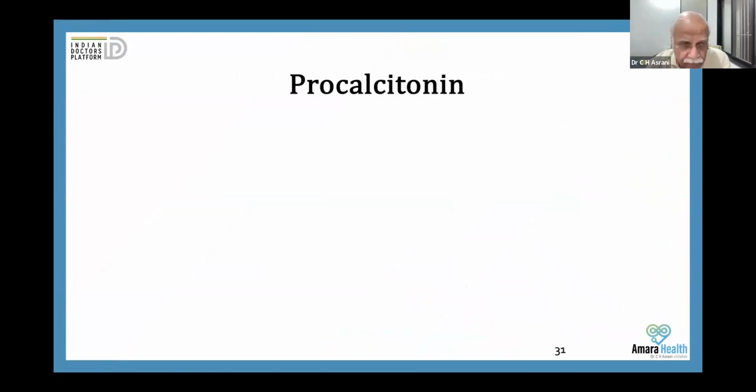Procalcitonin, another very important test. I had taken a talk on sepsis maybe a year ago, because nowadays we get sepsis in the smallest of infection because of the low immunity of the host. COVID showed us that sepsis is very common.